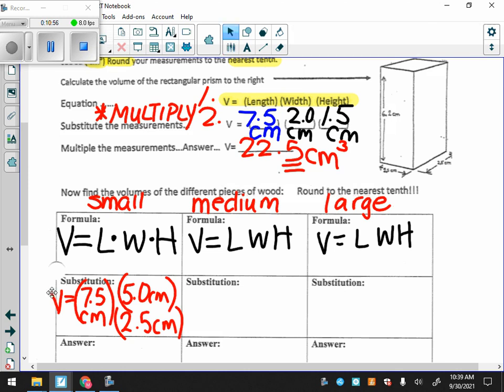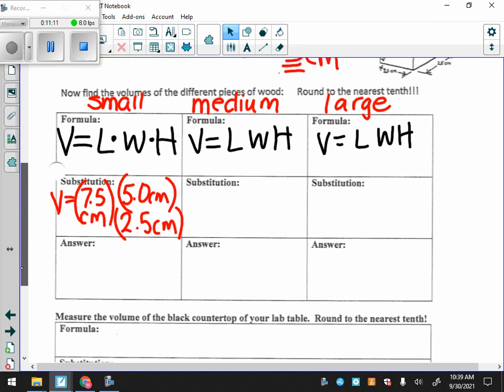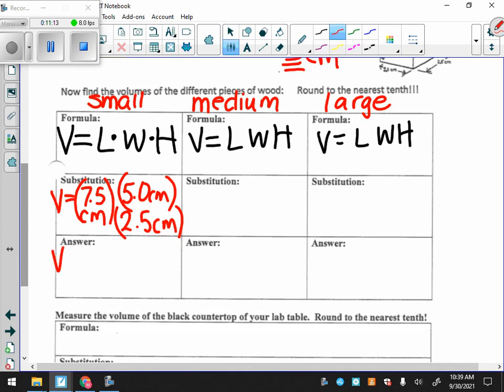Let's multiply. 7.5 times 5.0 times 2.5 equals 93.75. So my answer cannot be with 100. My answer has to be rounded so that I have the nearest tenth. So you have to round it. 93 and 8 tenths. I need my unit as centimeters cubed.